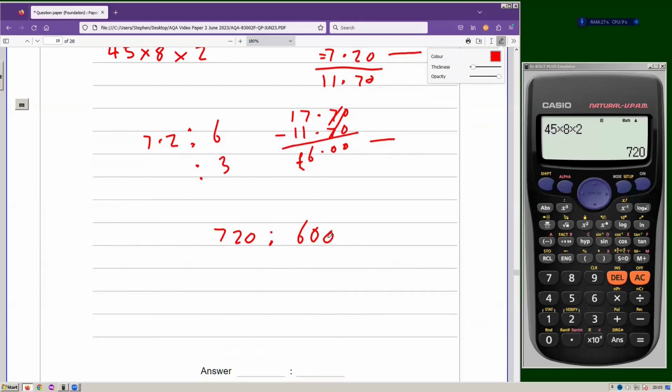And now I'm going to knock the noughts off straight away. I'm back to 72 to 60. And now I can halve this. Half of 72 is 36 to 30. And 6 goes into both of those. 6 to 5. I think that's right, 6 to 5.